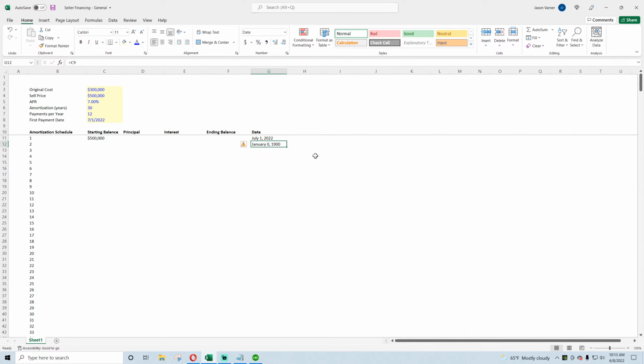Okay, and then this is going to be EDATE this, comma, and then let's say we did 6, so this would be 12 divided by the payments per year.